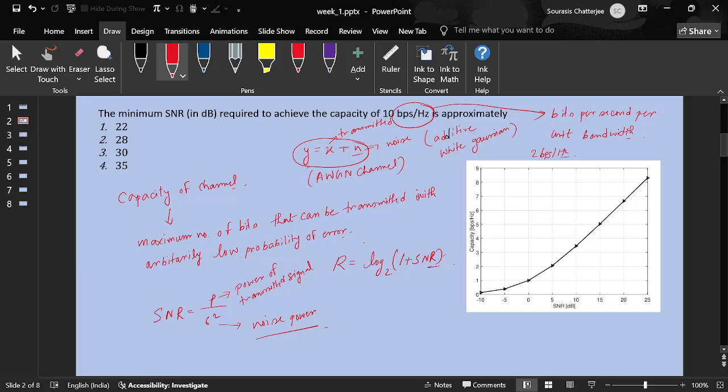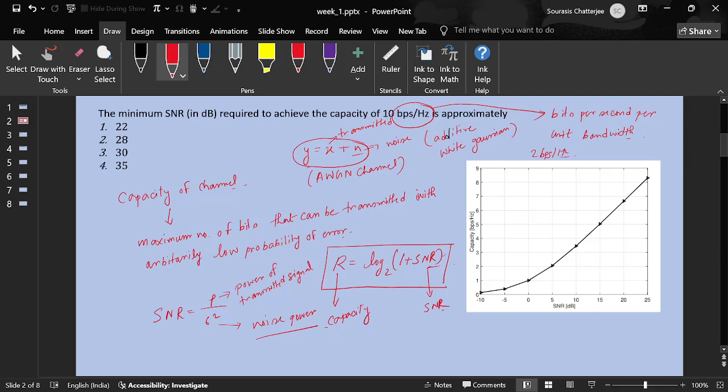So from this expression, what exactly can we say now? This is what my capacity is, and this is what my SNR is. What is the relation between them? For example, if the power of the transmitted signal, let's say I reduce it, then what will happen to the capacity?